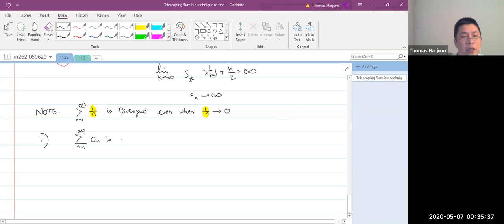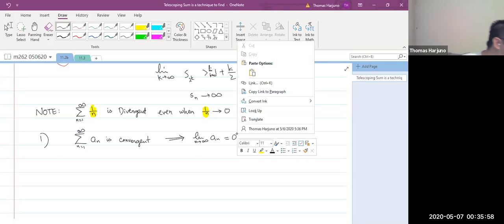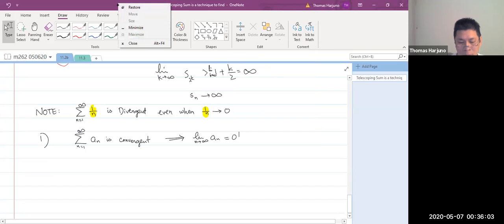If a series is convergent, then we know that the last term, the limit as n goes to infinity of a sub n, should be 0.